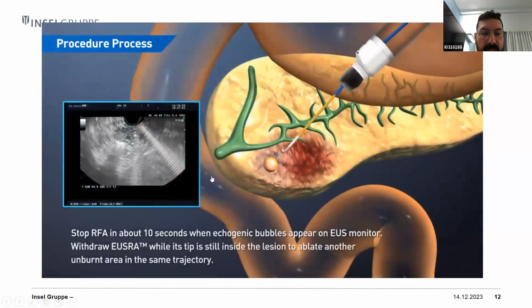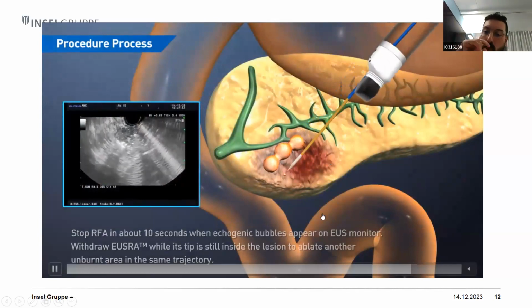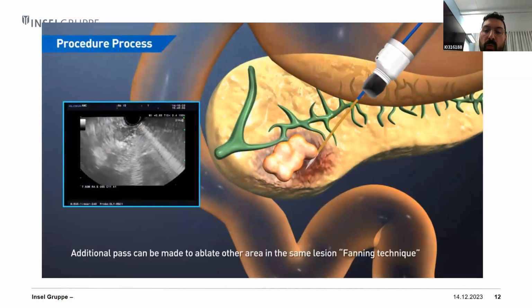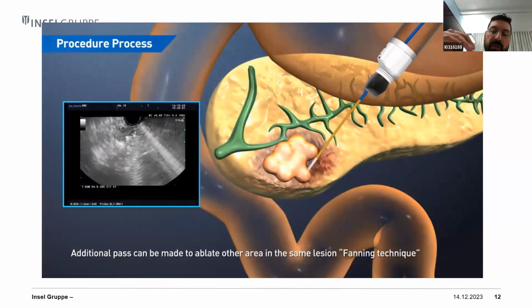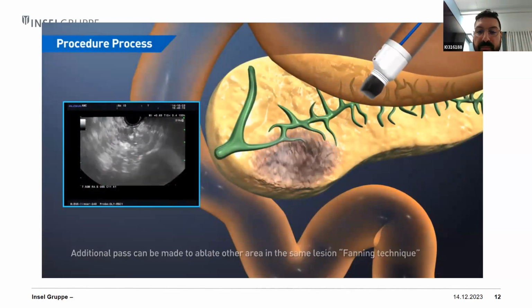You can see in the EUS imaging as well as in the model that you need to burn in the so-called fanning technique, where you pinpoint small areas of the lesion until you can burn it completely.